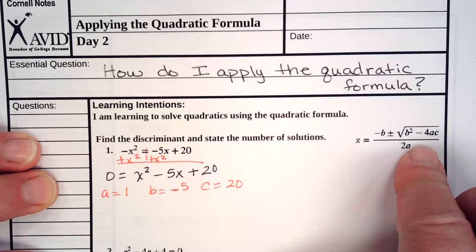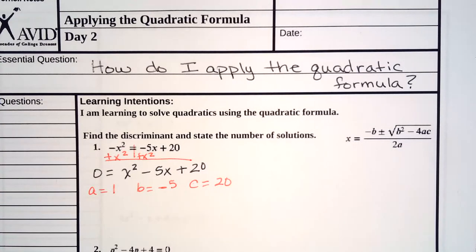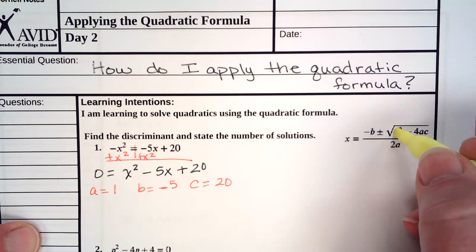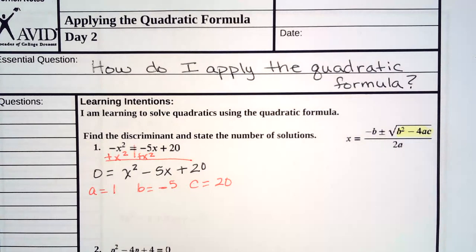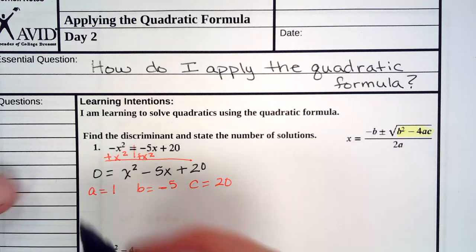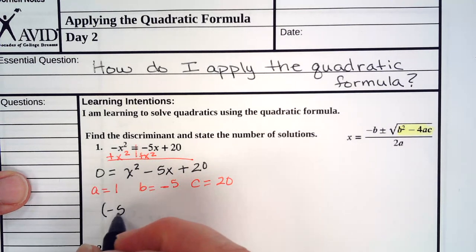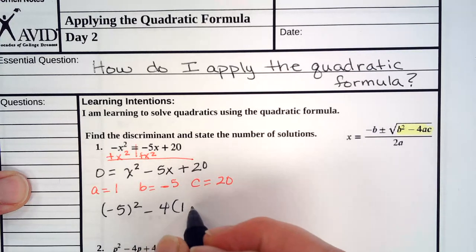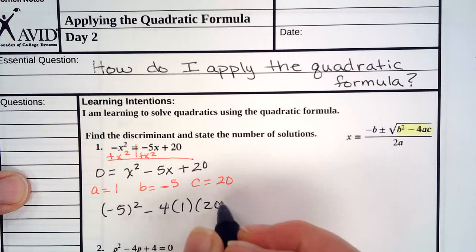Put it into your discriminant. Remember, the discriminant is what is found underneath the radical. So, negative 5 squared minus 4 times 1 times 20.